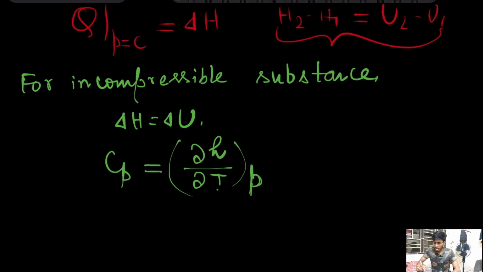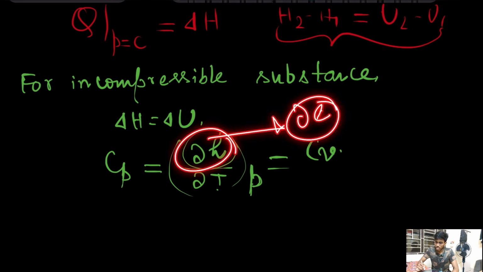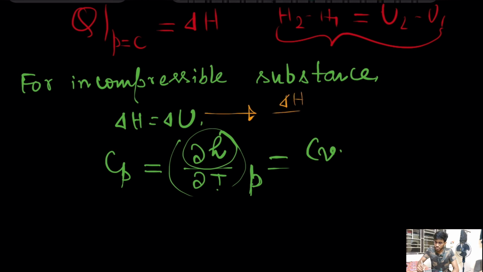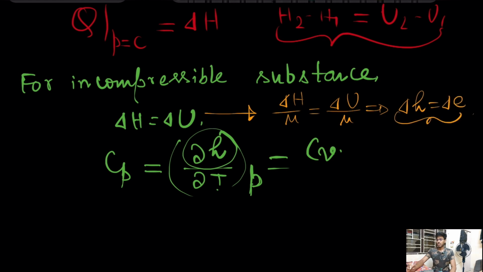And now this should be equal to Cv, because even if it is a constant pressure process, this del H I can write as del U. So if del of capital H is equal to del of capital U, then dividing by M, del of small h is equal to del of E. Because of that only I can write this.